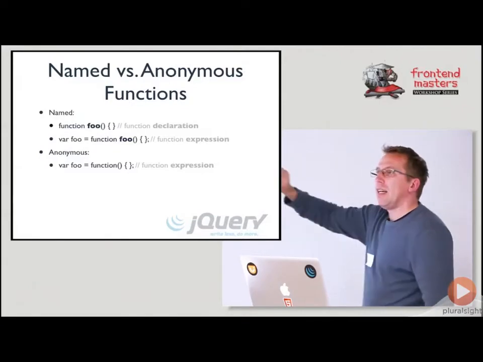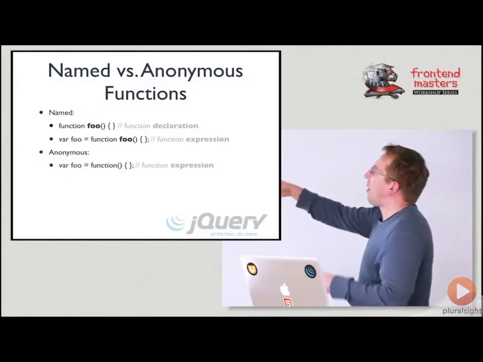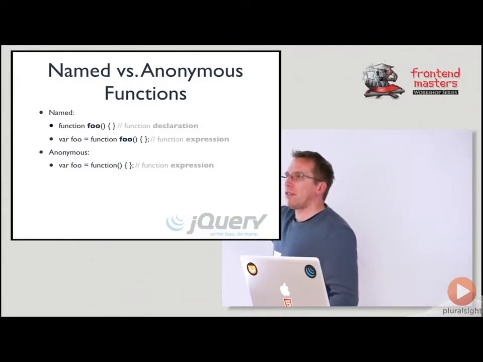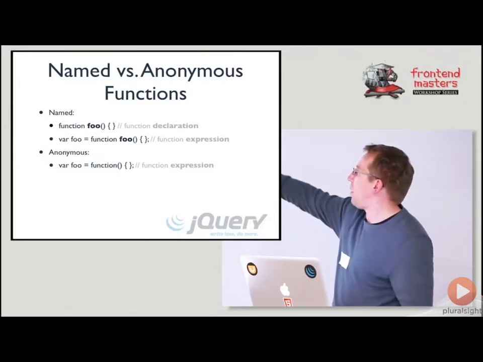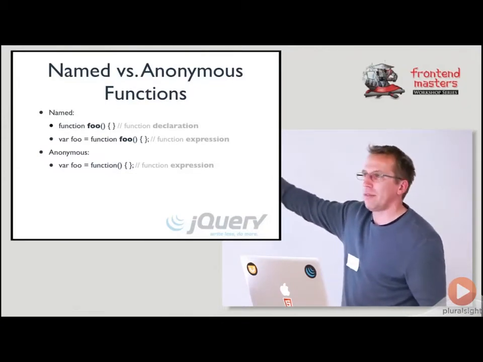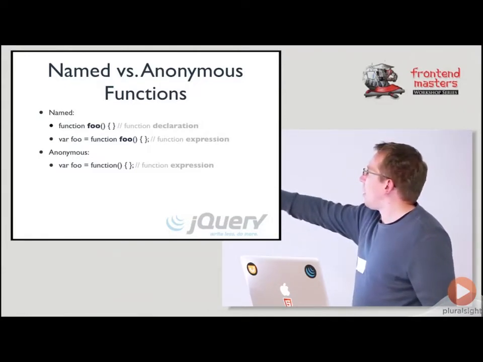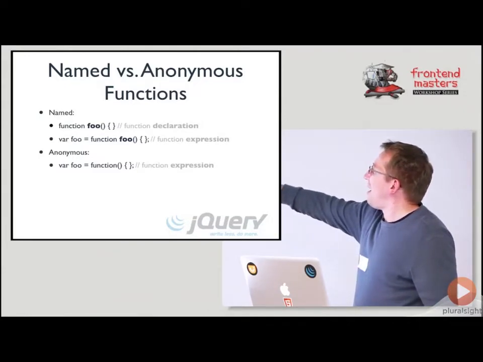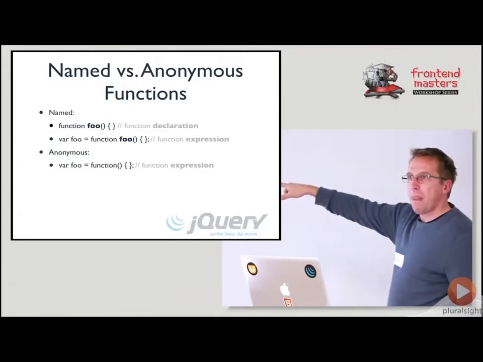We are saying this variable foo is going to equal this function, and it happens to be a named function, and the name of the function happens to be the same as the variable, right? It's kind of funky, but go with it. The anonymous function is also a function expression, right?